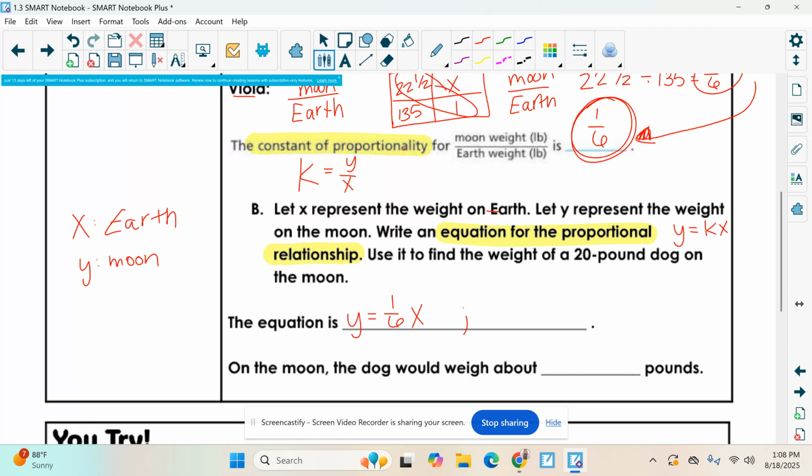The second part to this says use that equation to find the weight of a 20-pound dog on the moon. So the dog is 20 pounds on Earth. How much is it on the moon? Well, look at these little side notes. Which one is the 20 going to replace? The X or the Y?